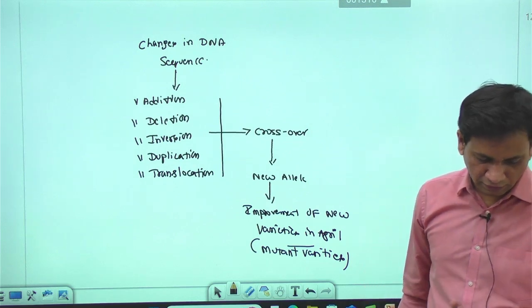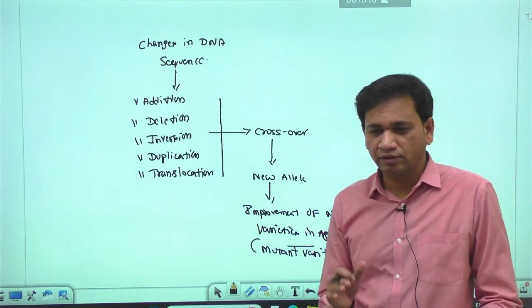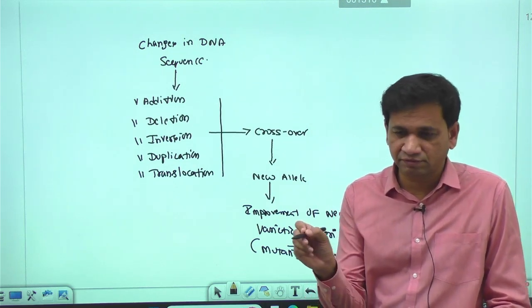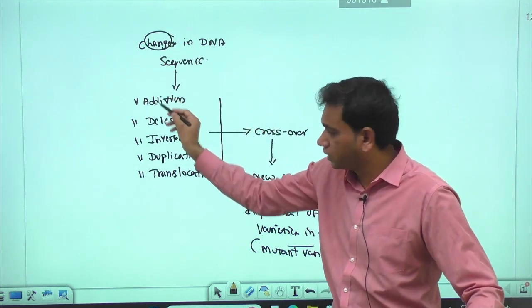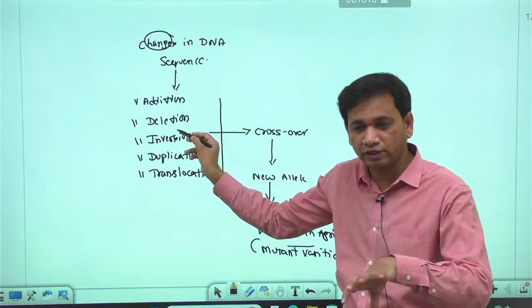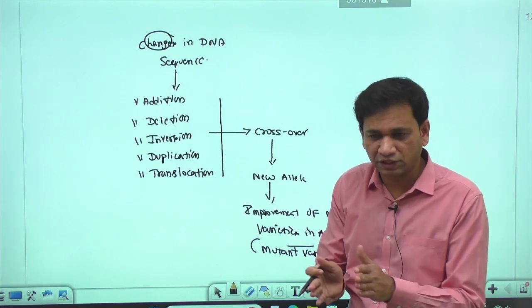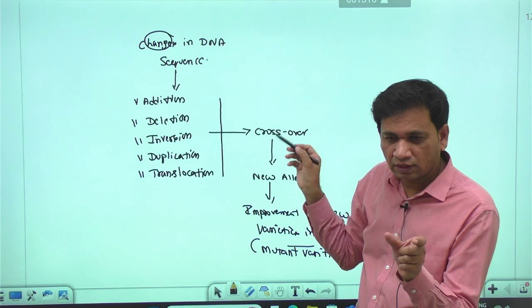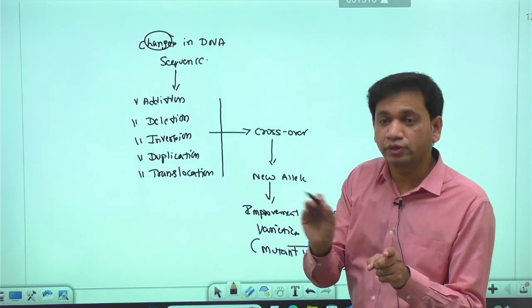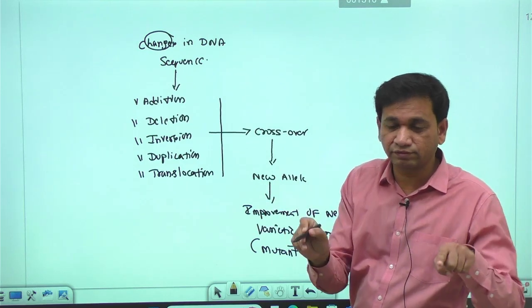So in simple words we can say it is a kind of change in the given DNA sequence. That change can be addition of a character, or deletion of a character, duplication matlab multiplication, right? So in the given DNA sequence we have ABC, and again ABC will be repeated 2 times in the given sequence of the chromosome.